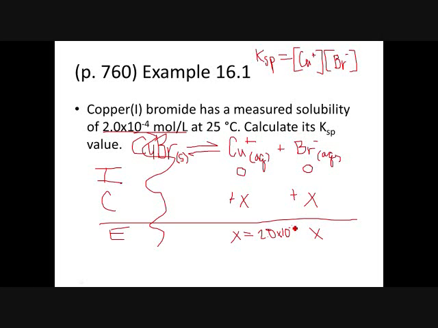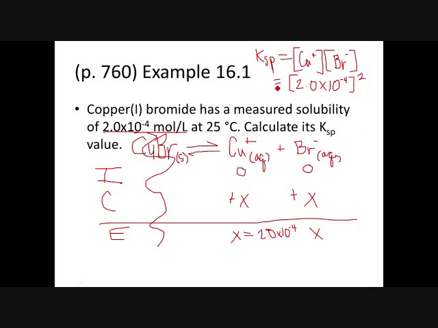Now, does it seem like we did this whole ICE chart for nothing? Yes, but seeing that in your mind again might be helpful, and that's why I wanted to plug that in. Now, up here, I'm going to plug in, and I hope this makes sense since they're both equal to X. I'm just going to take the 2 times 10 to the negative 4th squared, and that is equal to our Ksp.